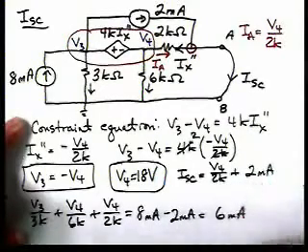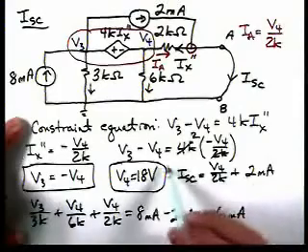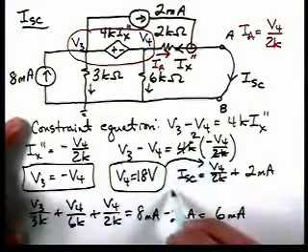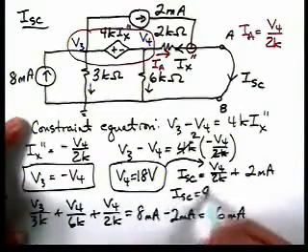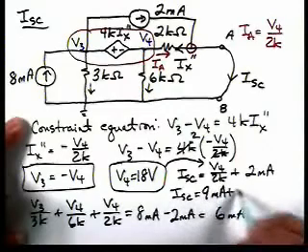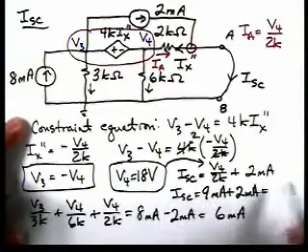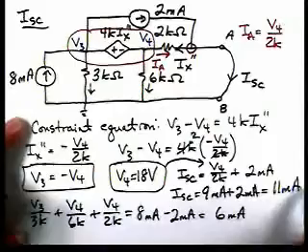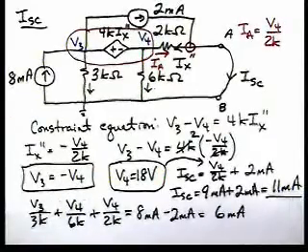Well, V4 is equal to 18. If we substitute that in, we get 9 milliamps plus 2 milliamps, which says that I short circuit is 11 milliamps. So now we've calculated both V open circuit and I short circuit.